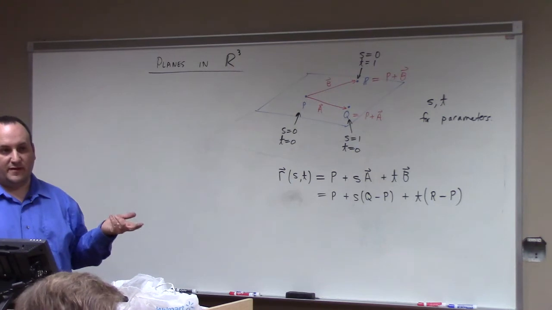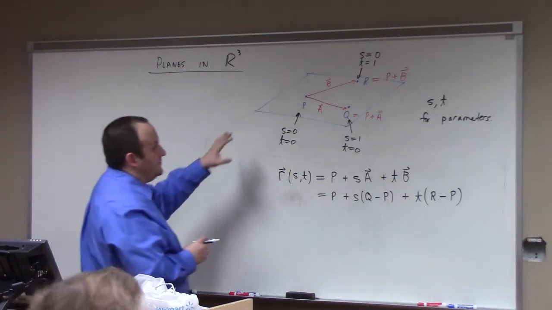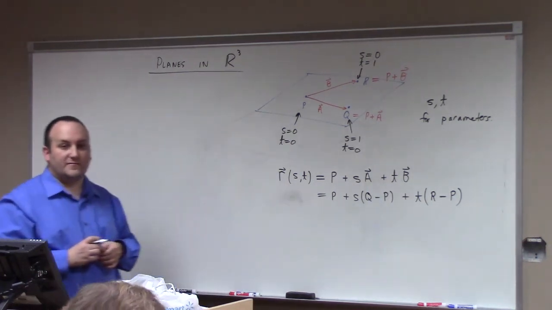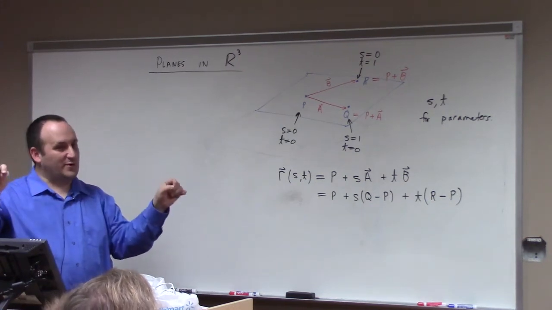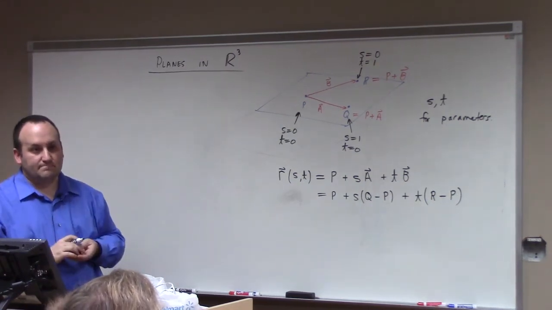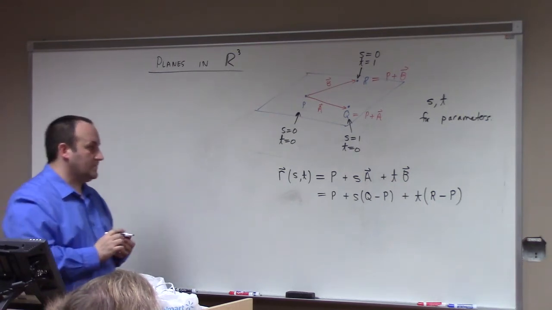This is the 3-point parameterization of a plane. Now that's only going to be an honest-to-goodness plane if these 3 points, P, Q, and R, are not collinear. If P, Q, and R lie in the same line, then we're not really talking about a plane here. But anyway, there it is.